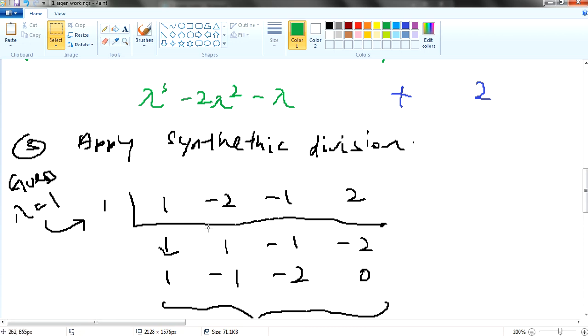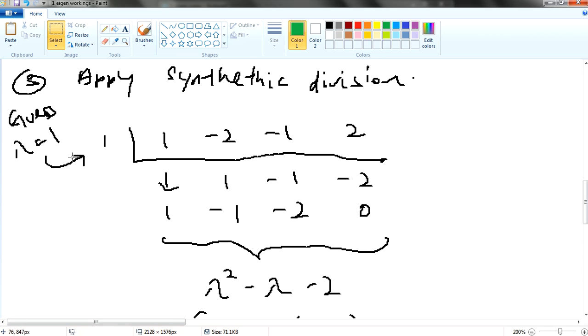For the first step, you pull this 1 down here, and then you guess an eigenvalue. For this portion we are trying to figure out the eigenvalues so that we can find our eigenvectors. In our case we guess 1, lambda equals 1.